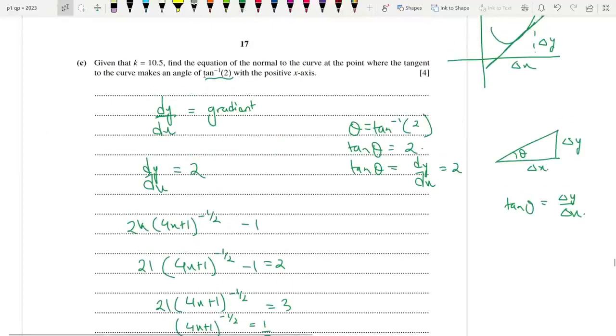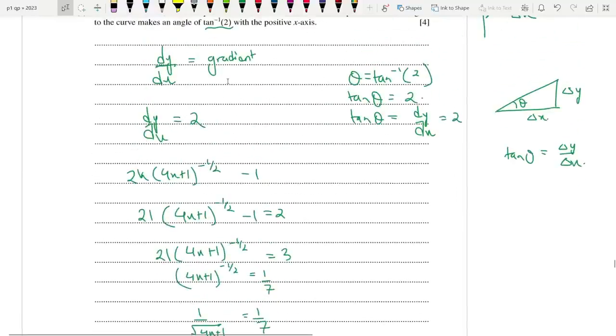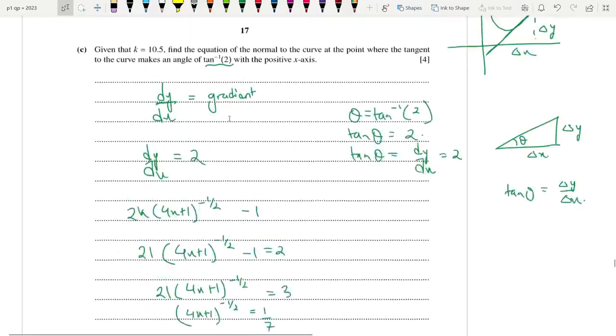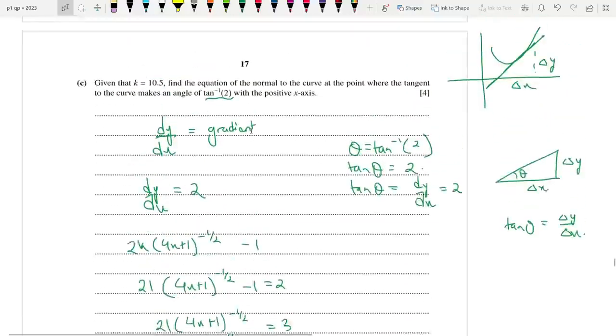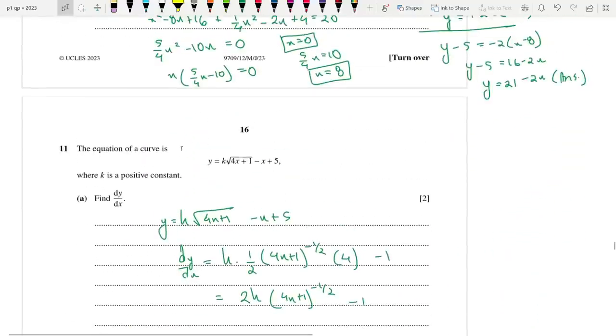Now we found the x coordinate, but we need the equation of the normal to the curve at that point. Since dy by dx is the gradient of the tangent, what will be the gradient of the normal? It will be minus 1 by 2. And we need the y coordinate now. How? Using this.